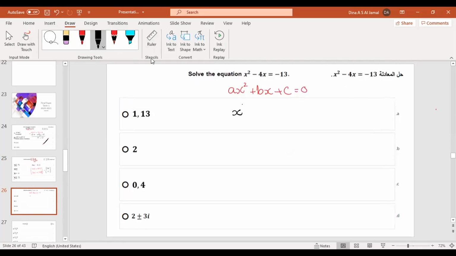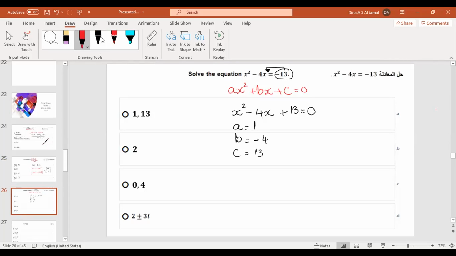X squared minus 4x, and then I would like to shift minus 13 to this side, so it will be changing the sign, plus 13 equal to 0. With this, let's determine what is the a. I'm having nothing, so a is 1. B will be minus 4. Your c will be 13.